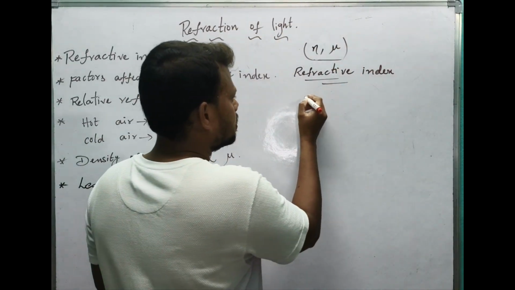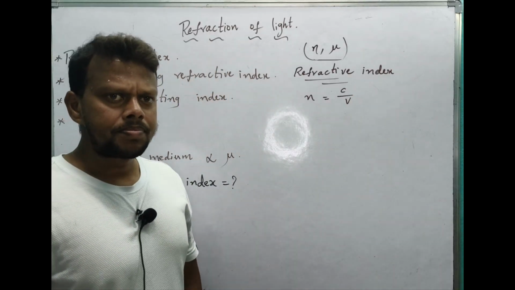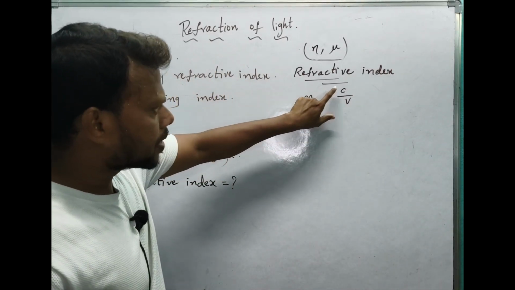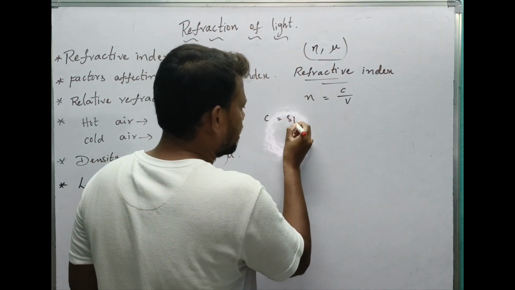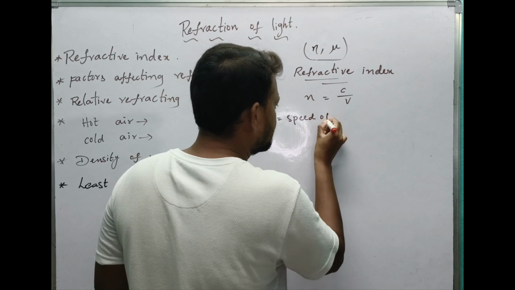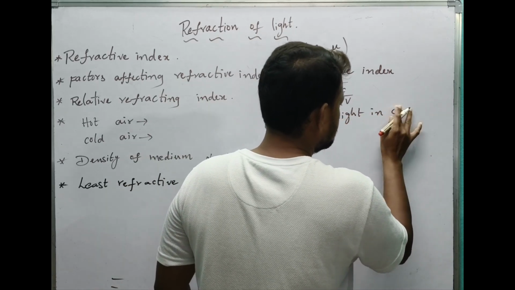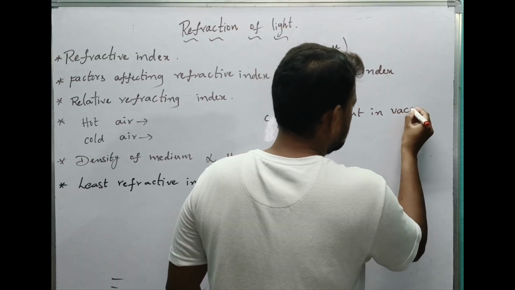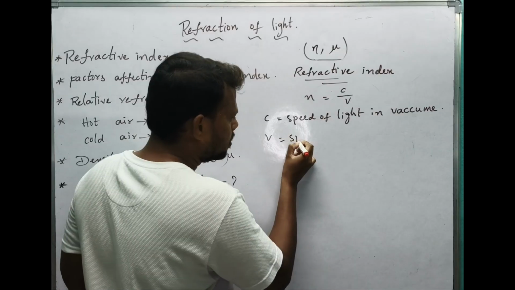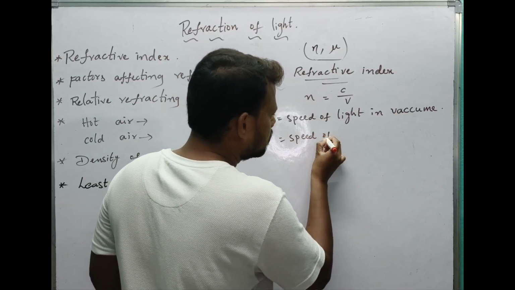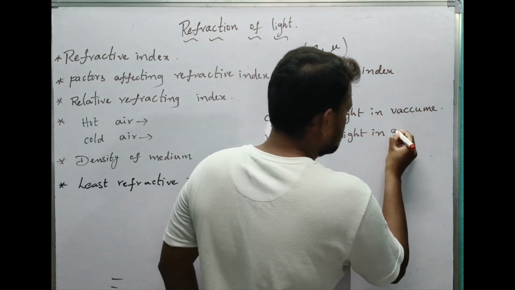It is the ratio of the speed of light in vacuum to the speed of light in the given medium, where c is the speed of light in vacuum and v is the speed of light in a given medium.